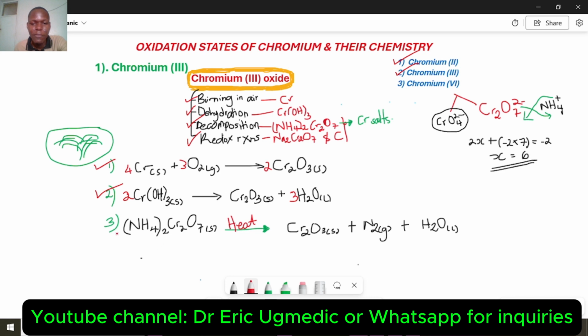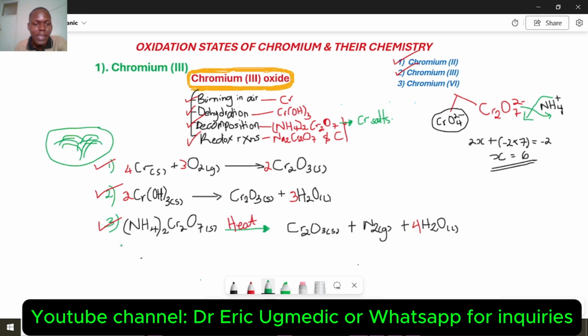On this side we have how many nitrogens? We have 2, and this side 2. What of the hydrogen? We have 4 by 2, that's 8. And what of this side? You have 2. So we multiply this side by a 4 to make them 8 as well. What else? Chromium 2, chromium 2, oxygen 7, oxygen 7. So that's my equation, well balanced. And that's the reaction involving the thermal decomposition of this ammonium dichromate.